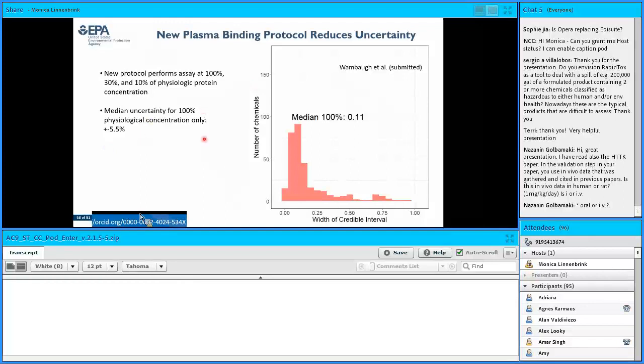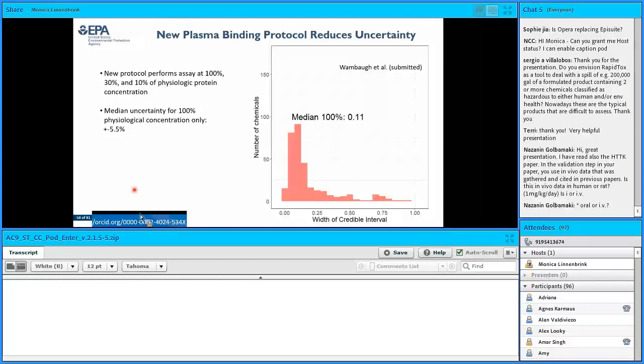And so when we look at that, in the new data, the median uncertainty for fraction unbound, and we express that fraction as a percent, if you just use 100%, is plus or minus 5%. That doesn't sound too bad, and that's not so bad if your chemical is 60% bound. You say, okay, maybe it's 55, maybe it's 65, I don't care a whole lot.